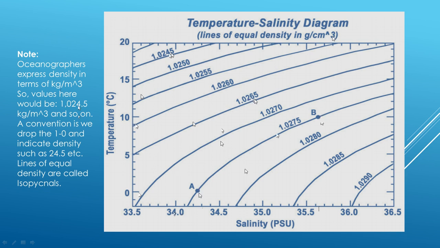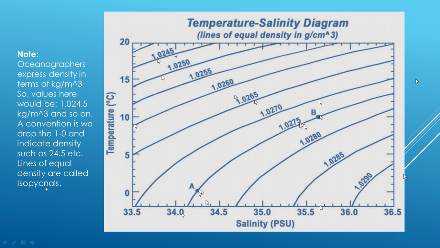So in the TS diagram, isopycnals all tend to increase to the right, because to maintain the same density, if you increase the temperature, you increase the salinity, and vice versa. If you decrease the temperature, you also decrease the salinity to maintain the same density.